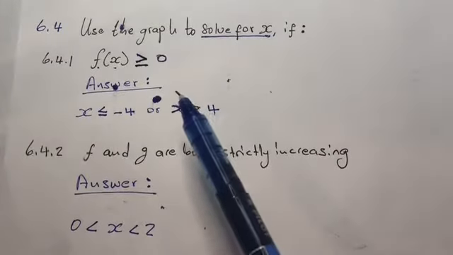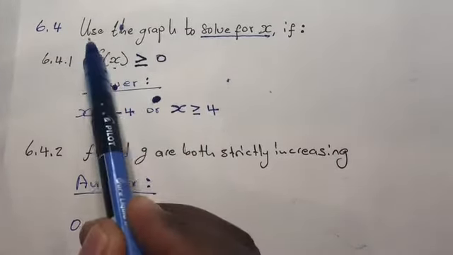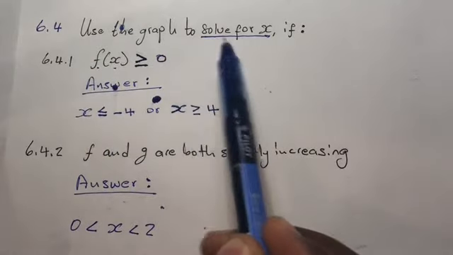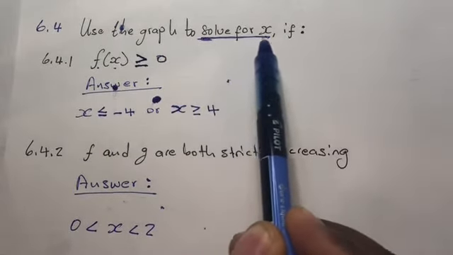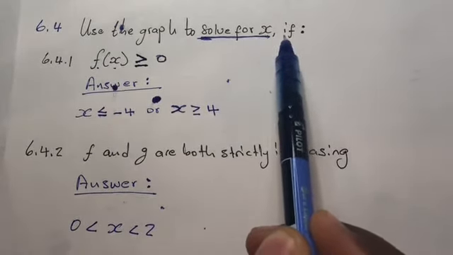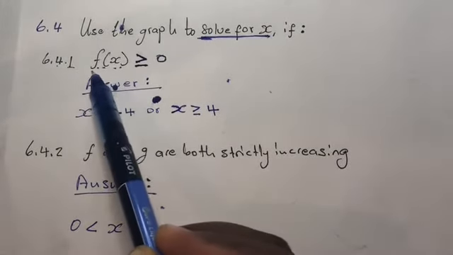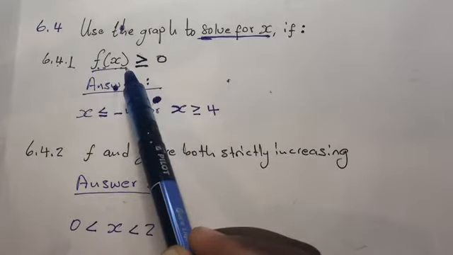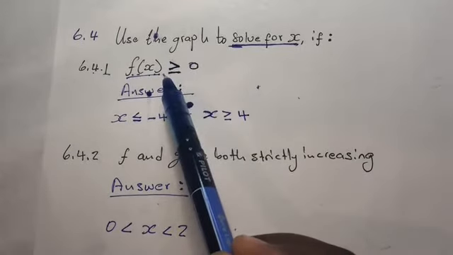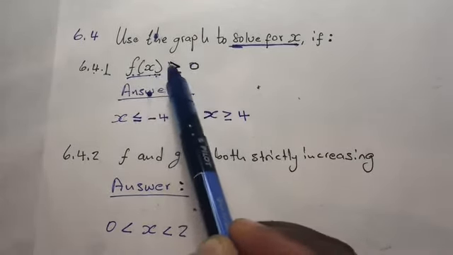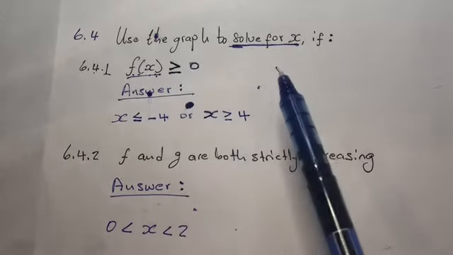Remember, guys, the question says use the graph to solve for x only if 6.4.1 f of x, remember f of x is the graph of f. So solve for x where f of x is greater or equals to 0.